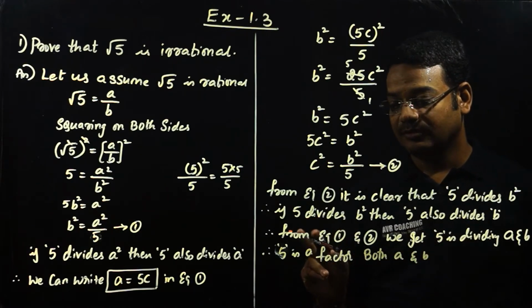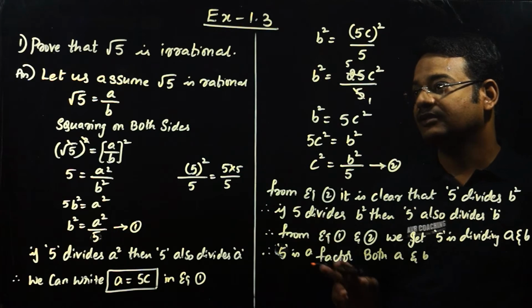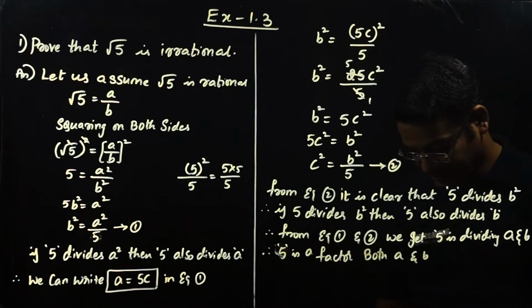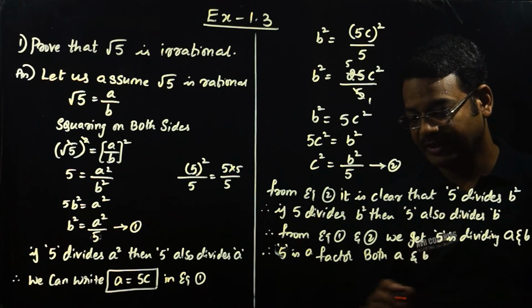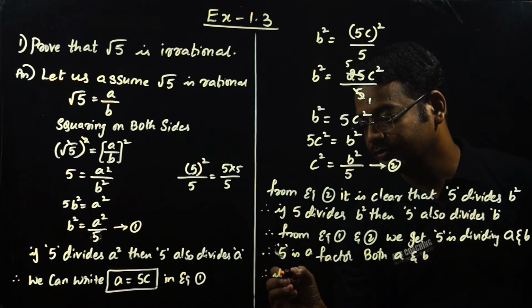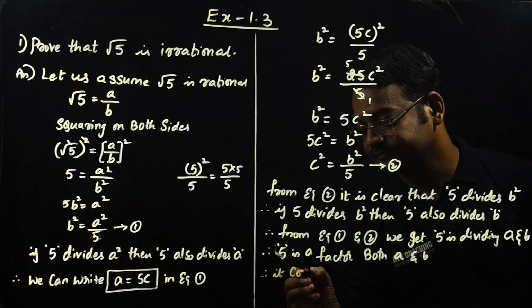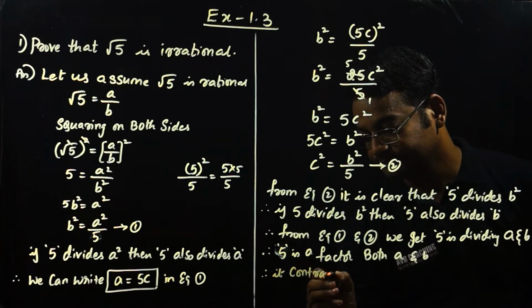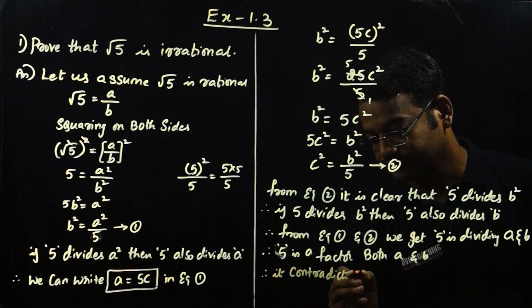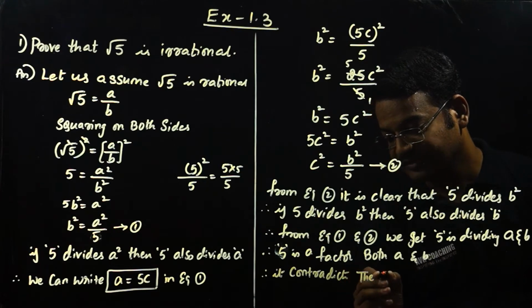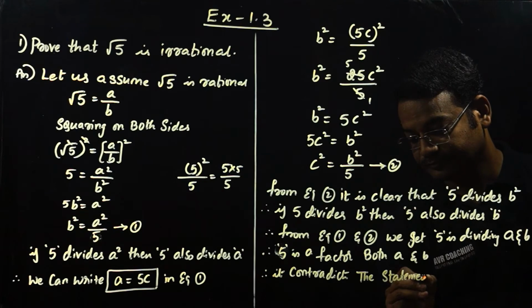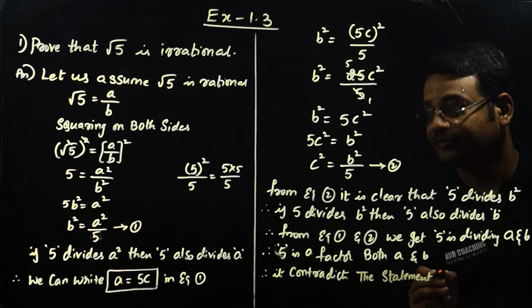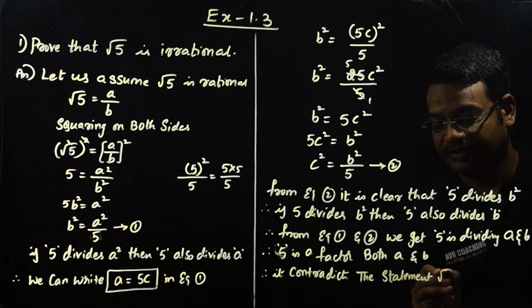But since we have assumed that a by b is in lowest terms with no common factor, that 5 is a factor of both a and b contradicts the statement that root 5 is rational.